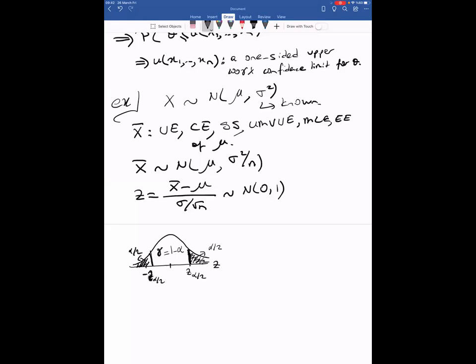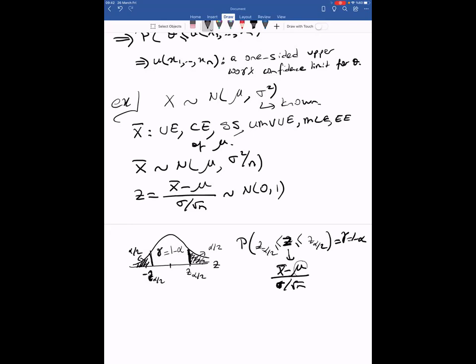Then this means that our capital Z is between minus z alpha over 2 and z alpha over 2. This probability will be delta, or 1 minus alpha. What is our Z? It is x bar minus mu over sigma over square root of n. Here we assume that sigma is known, so the only unknown is mu.